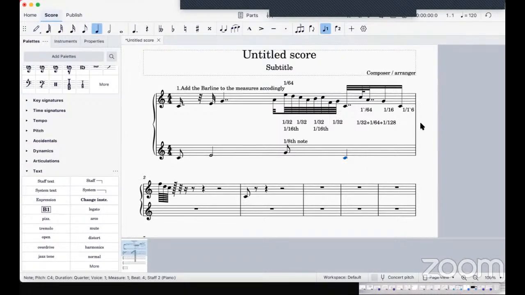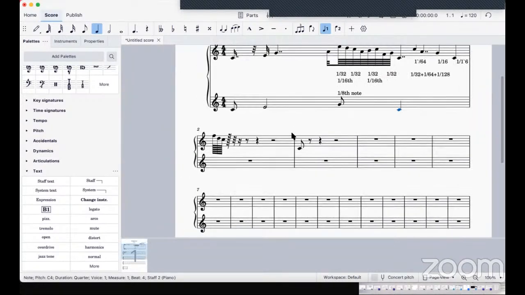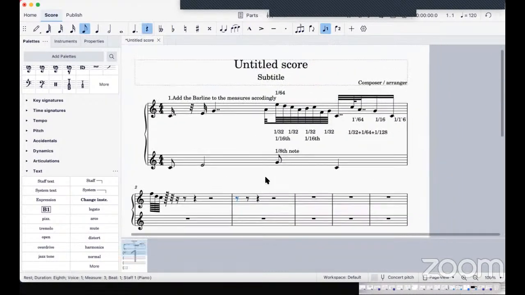So therefore the bar line is going to be right here at the end. And here the bar line here. So that's the first measure.